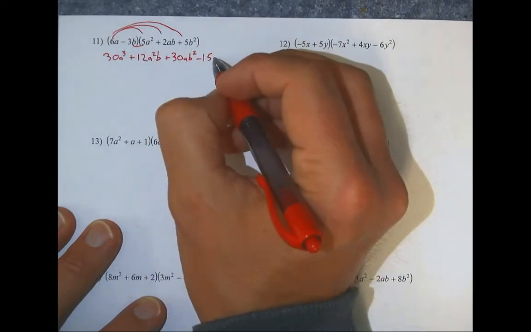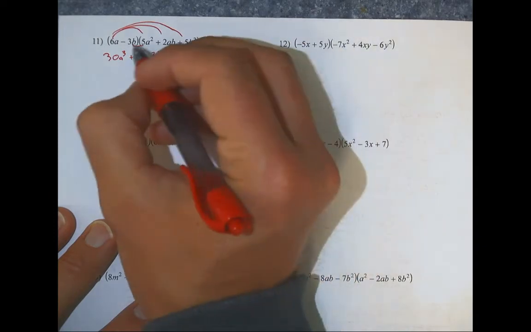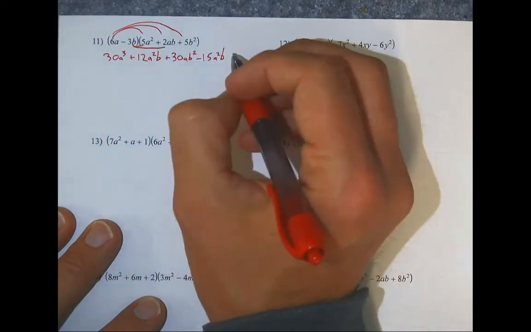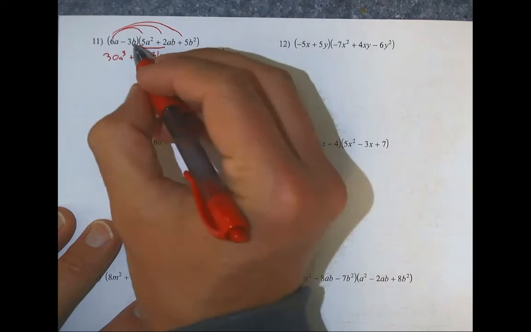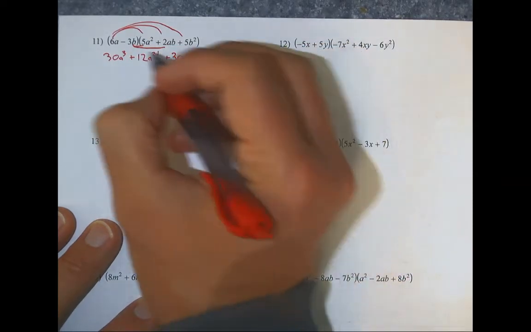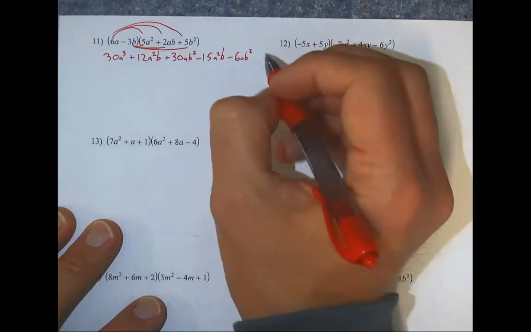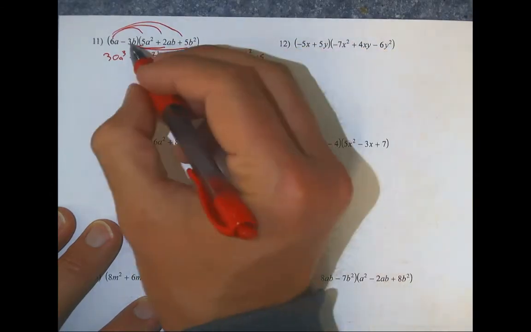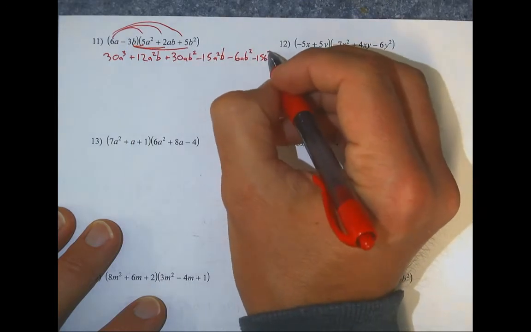A squared and b, leave them separate. It's negative 6. The b and the b is going to be b squared. The a is going to tag along, so it's ab squared. And last one, negative 15. B times b squared is b to the third.